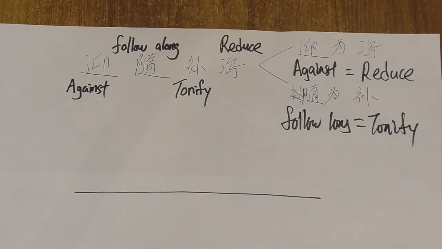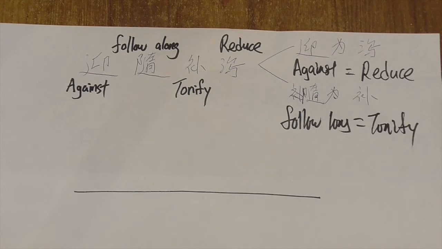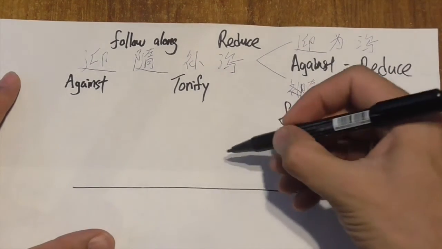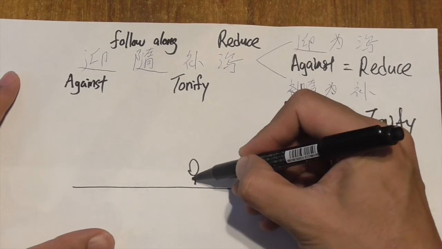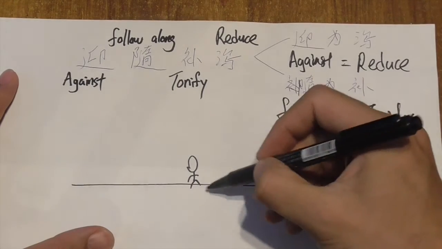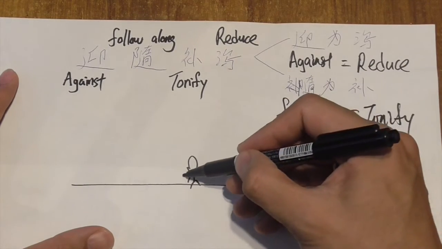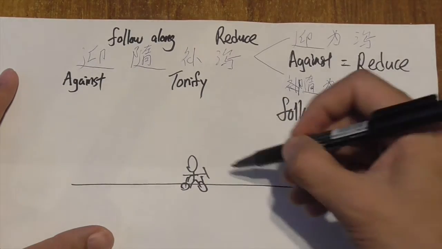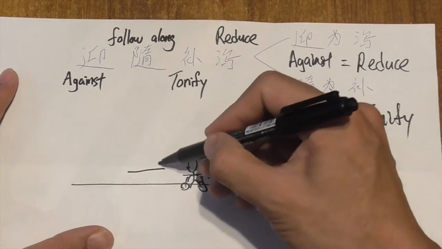Now, how do you understand it? Okay, it's easy. Let's say you're riding a bike, going this way.